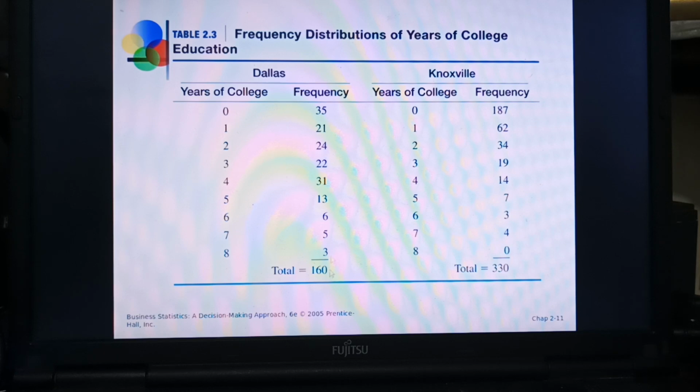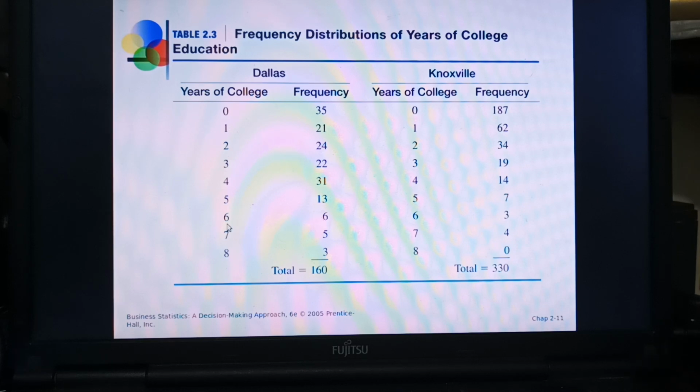Out of 160, there were 35 who did not undergo college education, while there were 21 who at least attended first-year college or 1 year of college education, 24 for 2 years, and another 22 for 3 years. Another 31 respondents had 4-year college education, and 13 with 5-year college education.